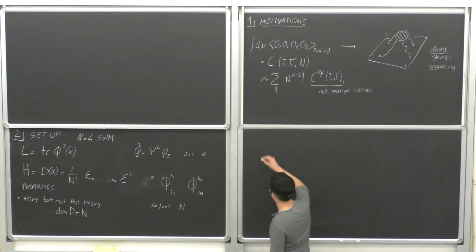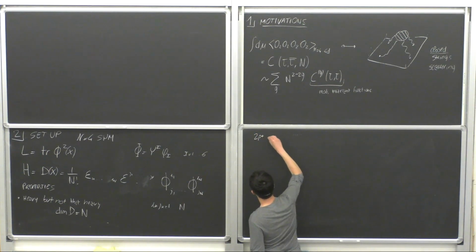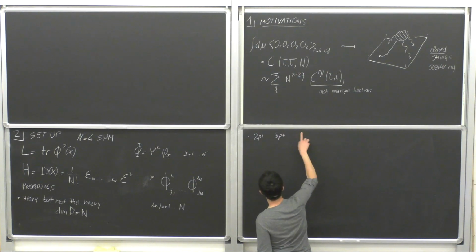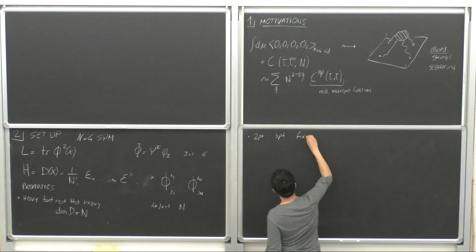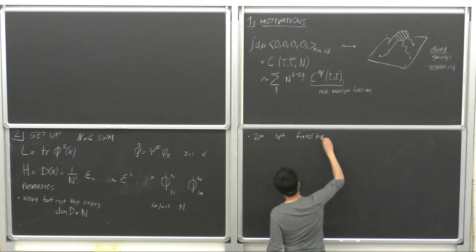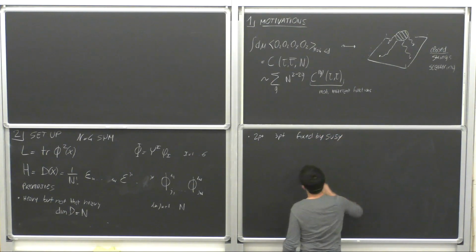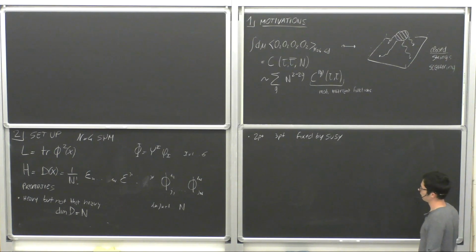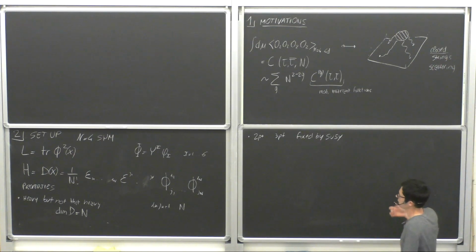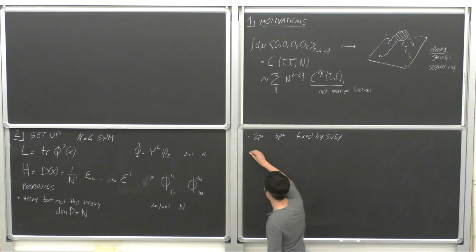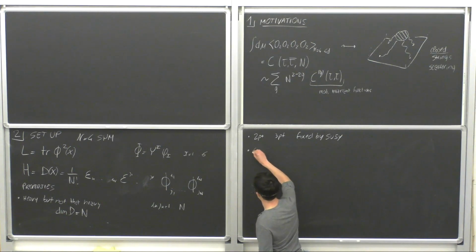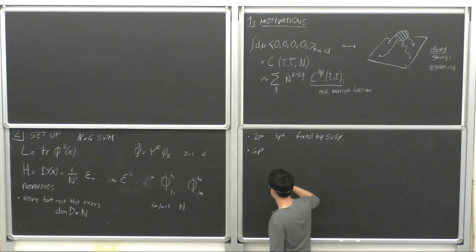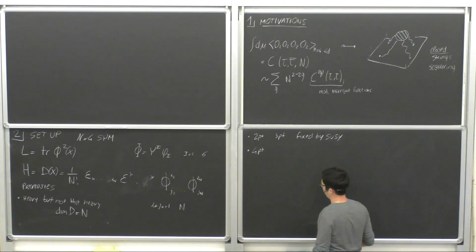In particular, their 2-point and 3-point functions are fixed by supersymmetry, and they are fixed to their free theory value. So they do not get any quantum corrections. The interesting part, the quantum corrections, starts at the level of the 4-point function.